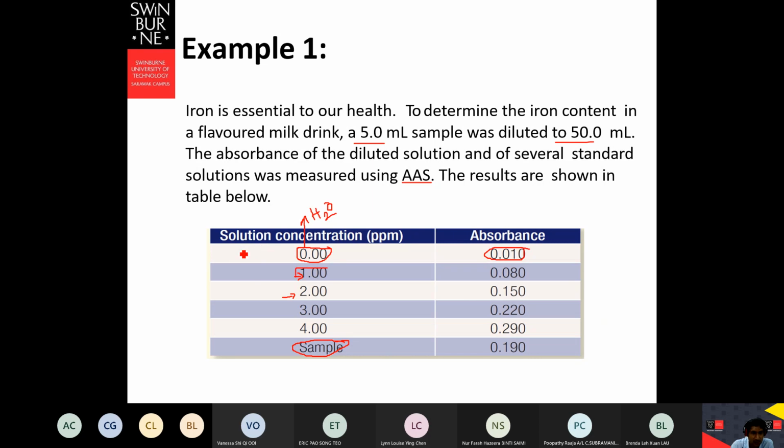And then for 1 ppm, when I prepared the 1 ppm solution, I took the absorbance, it is 0.08, and then it is 0.15, then 0.22, 0.29 in that way. After that, I took the sample, so I found the absorbance for my sample, that is the milk, which is 10 times diluted, 0.19. All right, 0.19 absorbance I found.